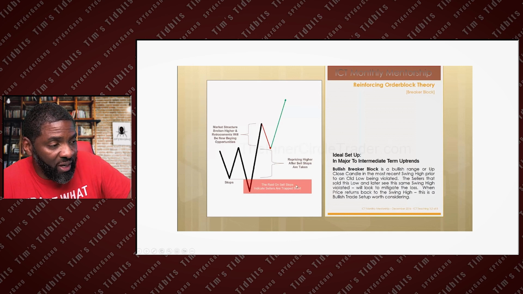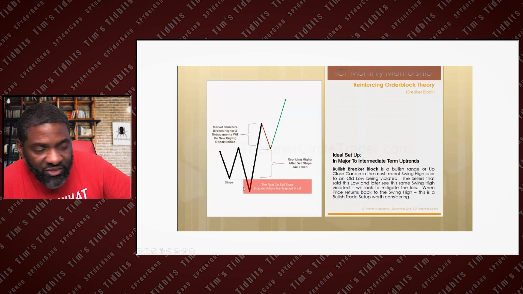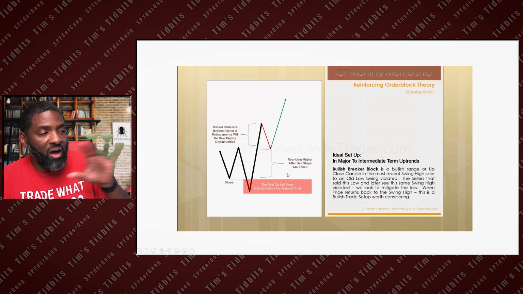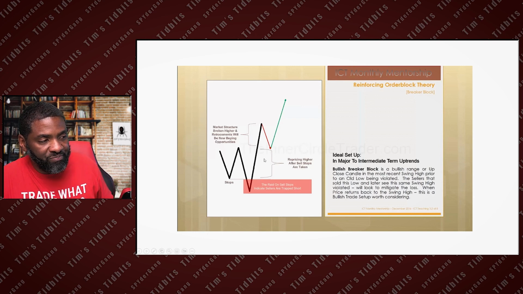Down here where it says the raid on sell stops indicates sellers are trapped short. That lets you know that anybody that went short below this breaking market structure got stuck going short because the market quickly rallied back up. And then repricing higher after sell stops are taken.